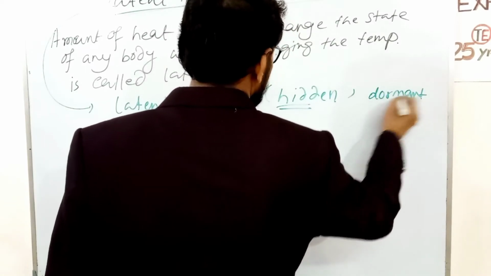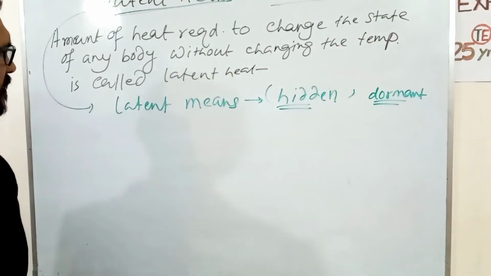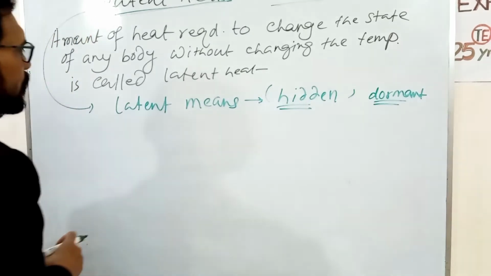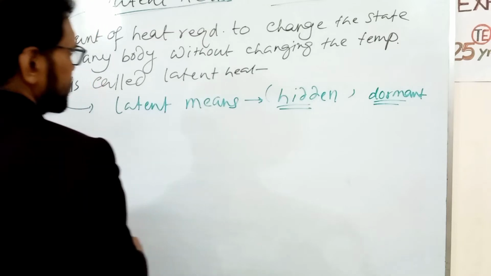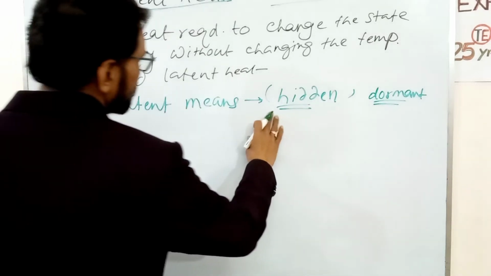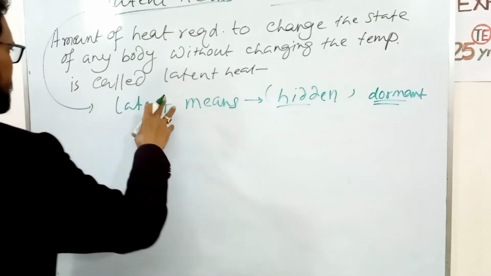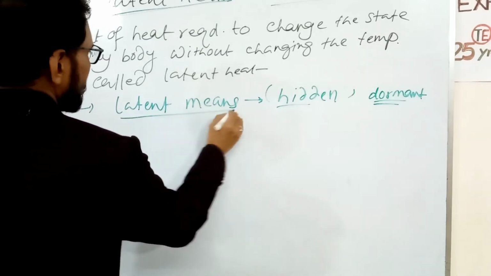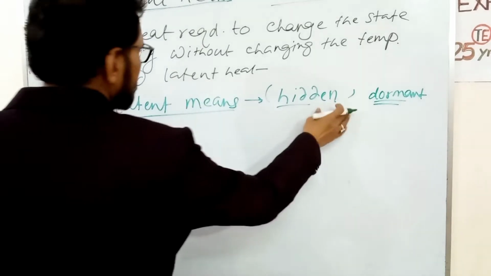This heat is absorbed by the body, and this heat helps to change the state of the molecules. It is not exposed, that is, this heat cannot increase the temperature of the body, so that's why it is called latent heat. Latent means hidden.